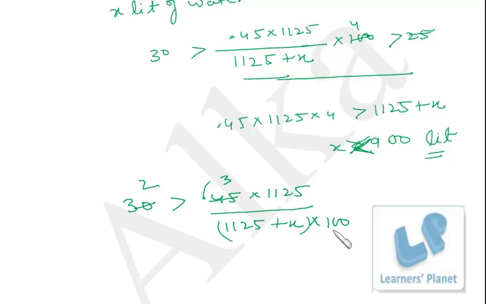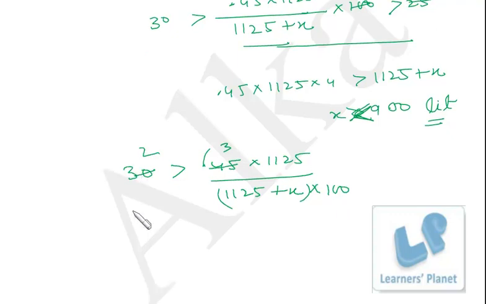Okay, so just go for the cross multiplication. 112500 into 2 plus 2 into 100, 200x is equal to 3 into 1125, right?